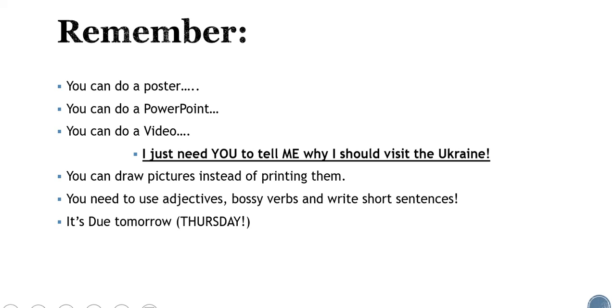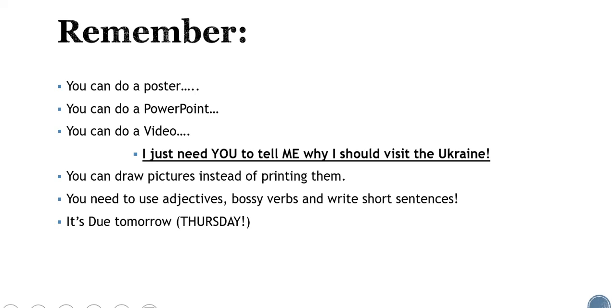What is cool about it? What is the most delicious food there? Remember, you can draw pictures instead of printing them, but you need to use adjectives. So you need to make everything sound amazing, okay? You need to use bossy verbs. So you need to say things like visit here, do this, eat this food. Okay?